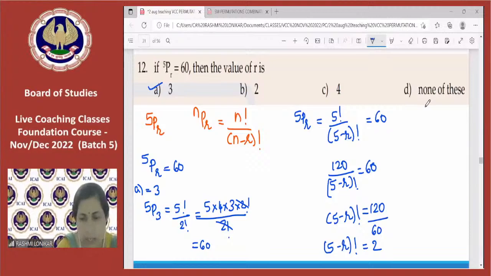Now let me check. How much is 1 factorial? 1 factorial is 1. 2 factorial is how much? 1 into 2, which is equal to 2. I want a number whose factorial is equal to 2. So which is this number? 2 factorial. So 2 is the number whose factorial is 2.